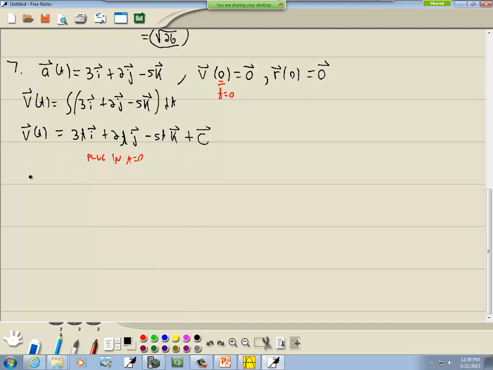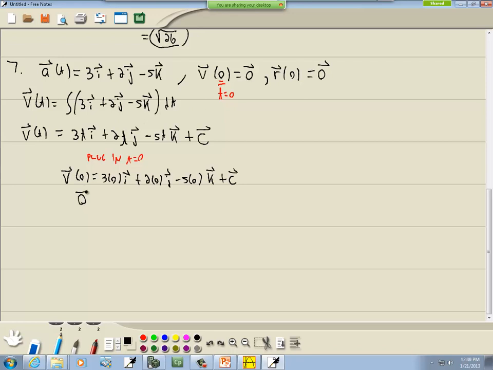Well, if I plug in, let's see, this would be v of 0 is equal to 3 times 0i plus 2 times 0j minus 5 times 0k plus our constant vector. Well, these zeros all drop away, and v of 0 up here, it says is a 0 vector.